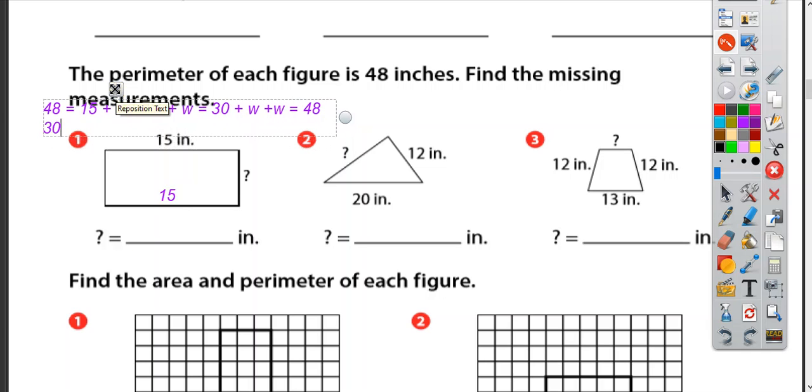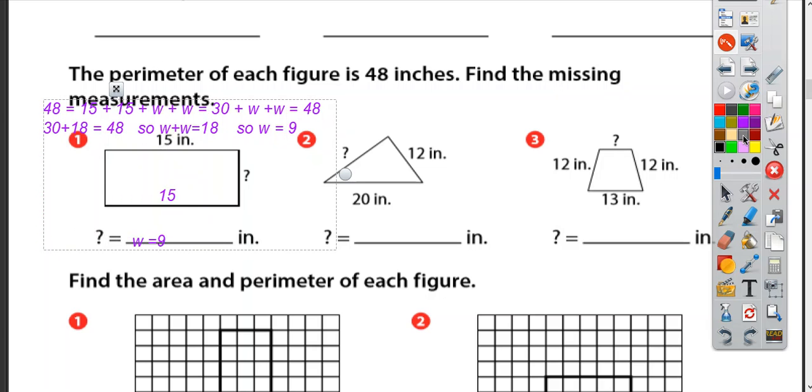I know that 30 plus 18 equals 48. So W plus W equals 18. What is the number that you add to itself, double it, and you get 18? Yes, so W is 9. So the length of the unknown side, which is the width, equals 9. So this is how to find it.